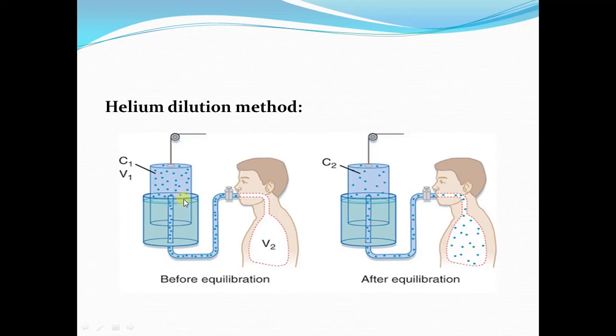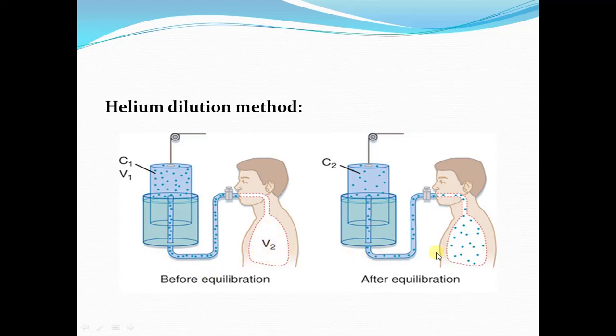Now at the end of a normal expiration, that is the tidal expiration, when the lungs are at functional residual capacity, the subject begins to breathe through the spirometer. When the subject begins to breathe through the spirometer, the gases in the spirometer are going to mix up with the gases in the lungs.